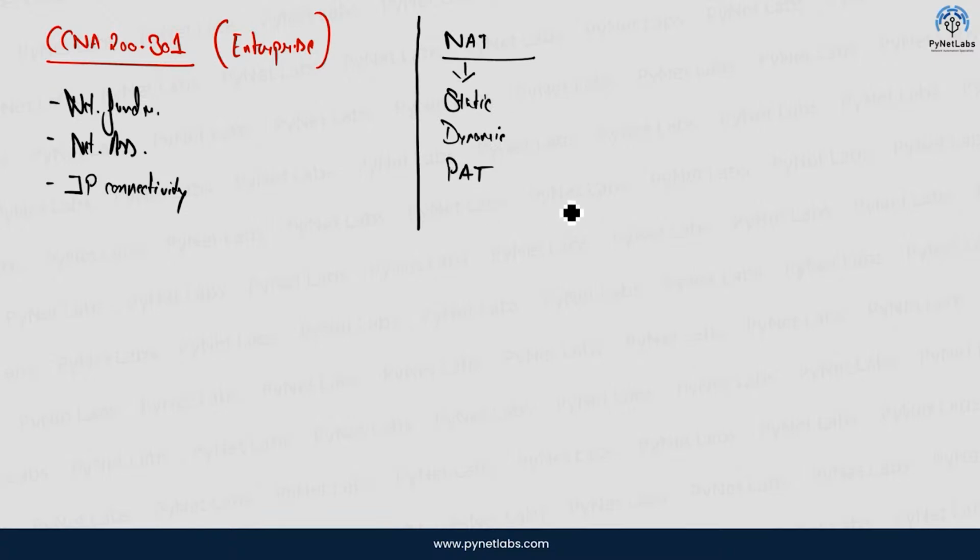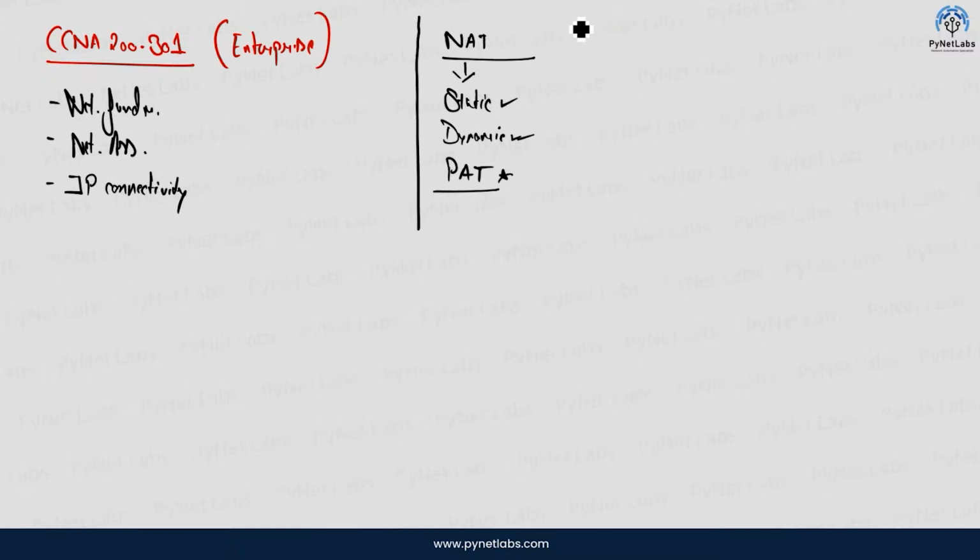Currently, only port address translation is in the official certification. But at PyNet Labs, we discuss static NAT and dynamic NAT as well, because as per production requirements, you must have a good idea of the older concepts.